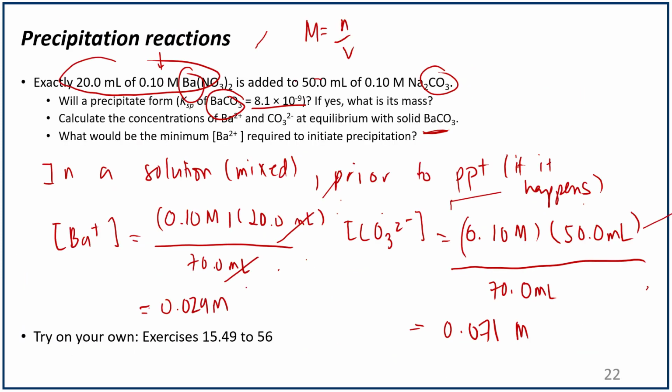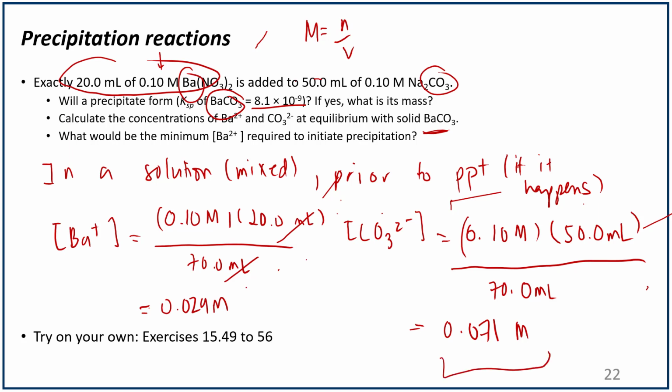Okay, and then the last question is what would be the minimum amount of barium ions in solution to initiate precipitation? For this one, we're just going to assume that we begin with how much concentration of carbonate we have, which is this value.